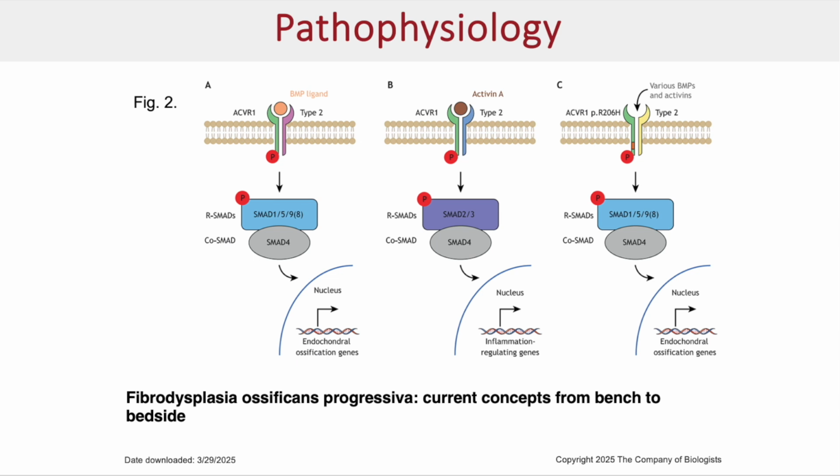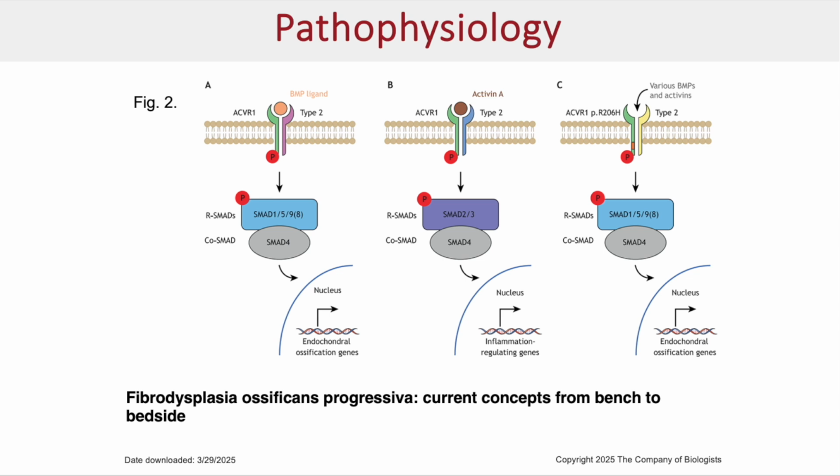So I just wanted to mention a word about the genetics of FOP and how a person ends up having a variant in this ACVR1 gene. Well, there is this common variant, the R206H variant, that almost all of the patients have. Many patients end up having this change because of a new, out of the blue variant that has happened just for the child. In genetics, we call that a de novo variant.